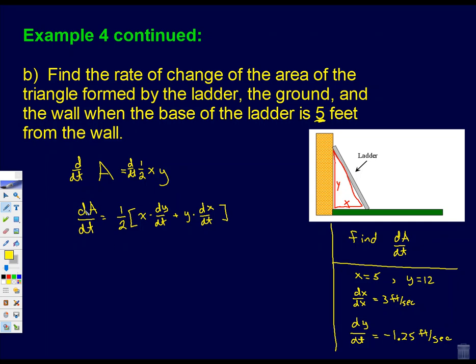So notice the thing I want to find is dA/dt. And over here, I need a combination of both x and y and dy/dt and dx/dt. So we're just going to put all of those in there and then calculate the final answer. So at the instant that x is 5 feet, and from part A, we learned that at this instant, the rate of change of y is negative 1.25.